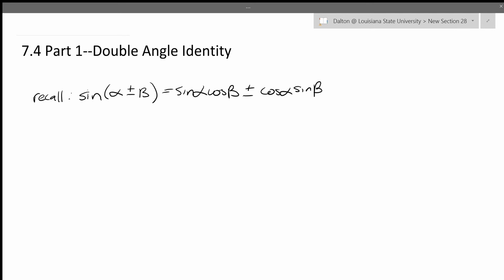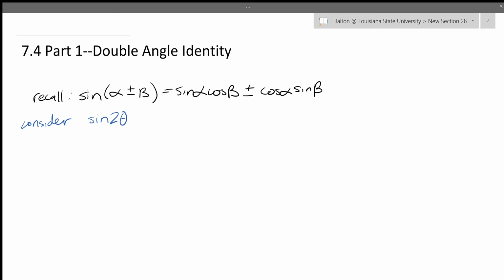If I know this identity exists, I want you to consider the sine of 2 theta. That's a double angle, right? 2 times an angle theta.